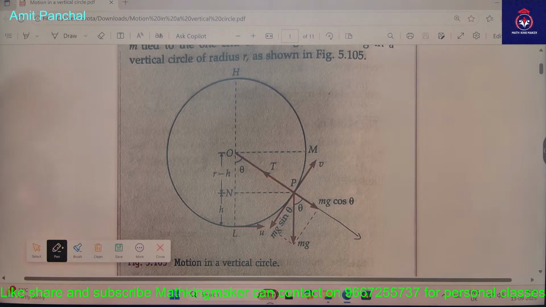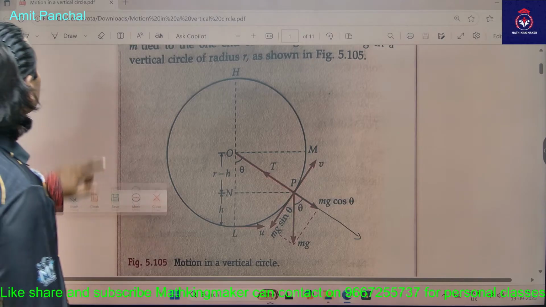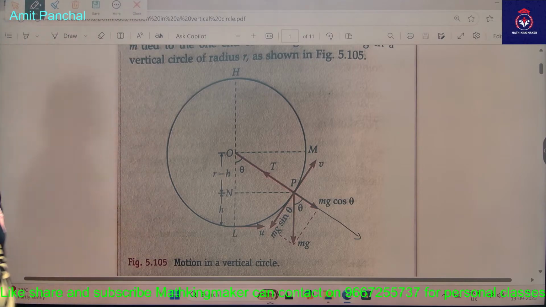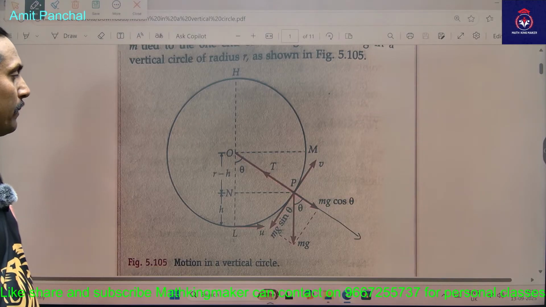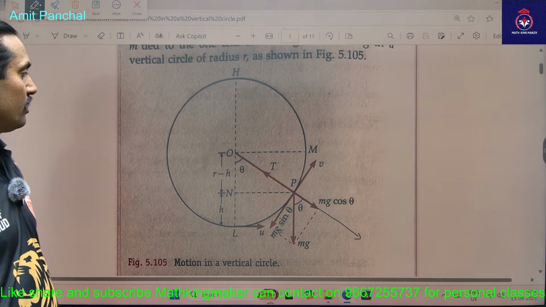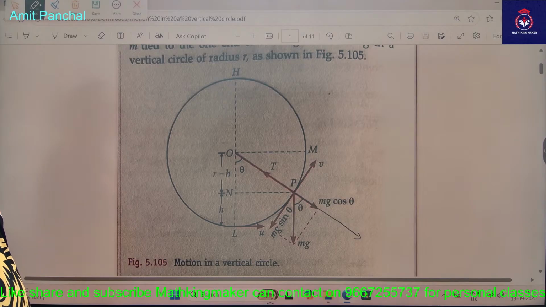There will also be a component of tension, right? No, tension is always towards the fixed point, along the straight string, so it doesn't have components.